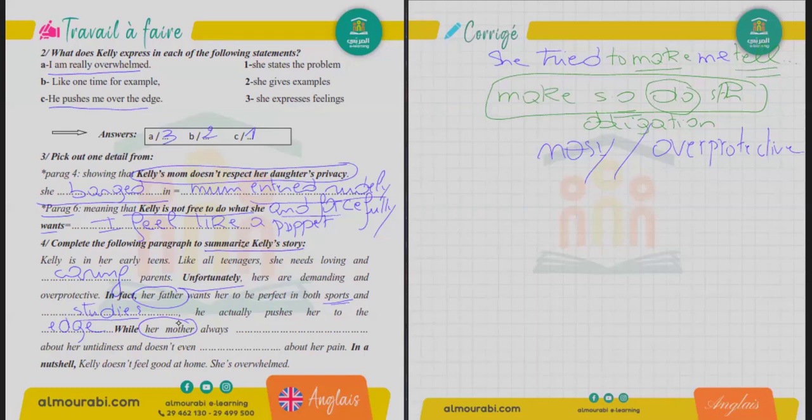While her mother always complains about her untidiness. Very good. The mom complains all the time. She complains about her untidiness, her sloppy state, and doesn't even care. Very good. She doesn't care. Continue reading, Fida. So she doesn't even care.